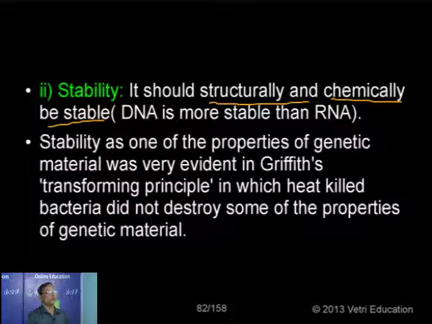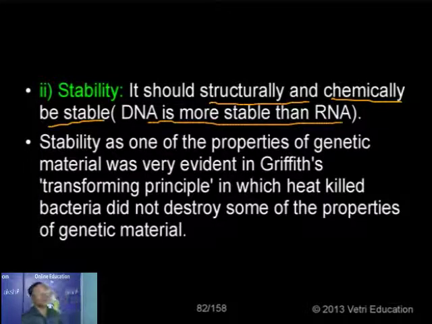Though RNA and DNA are both considered genetic material, of these two, DNA is more stable than RNA. That's why it is considered as the storage of genetic information. Comparing the stability of RNA and DNA, DNA is more stable than RNA, but stability is one of the properties of any genetic material.